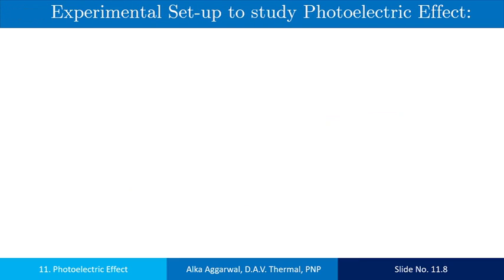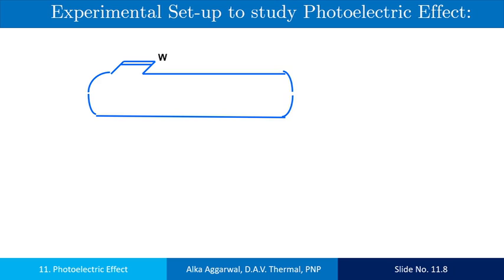Now the experimental setup to study the photoelectric effect. To study the photoelectric effect, an evacuated quartz tube, made up of quartz or glass, is used. C is a cathode, which is semi-cylindrical in shape and made up of a photosensitive material. W is a window through which the light radiation, or electromagnetic radiation, enters and is incident on the cathode.